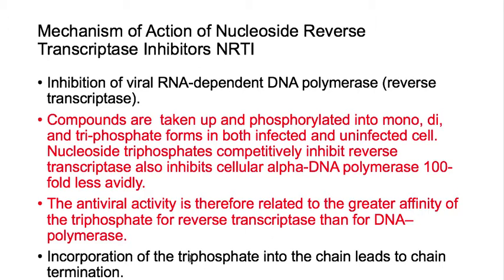Once these compounds are incorporated by reverse transcriptase, they block the addition of the next nucleotide by absence of the 3' hydroxyl, and so their mechanism is chain termination, as indicated here.